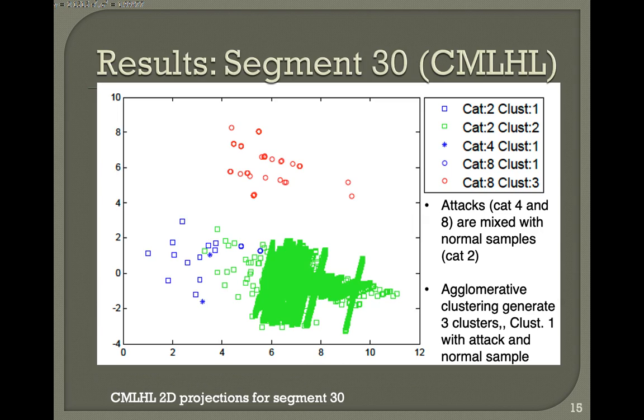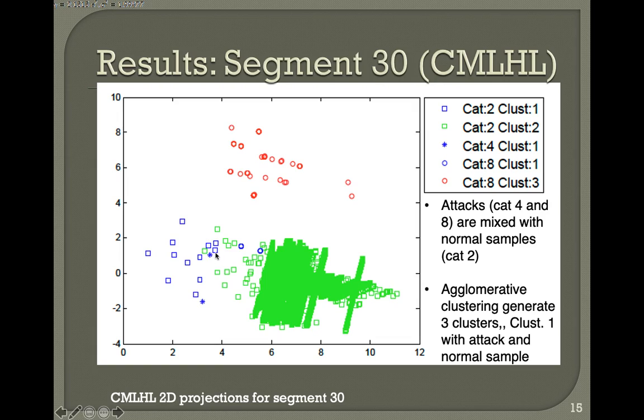the dataset. However, in case of the next segment, number 30, here we can see how there is a mix of classes, of categories. The normal behavior with category number 2 and the types of attacks, attack number 4 and attack number 8. So the attacks are mixed with the normal samples.